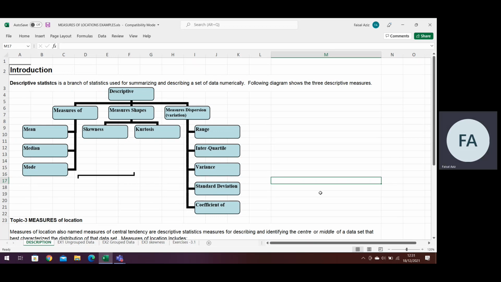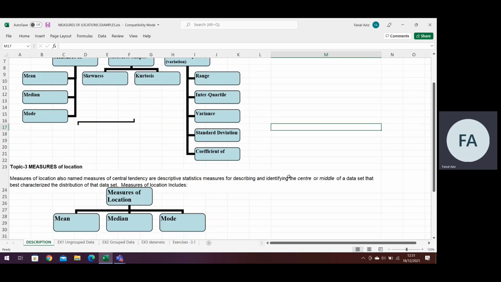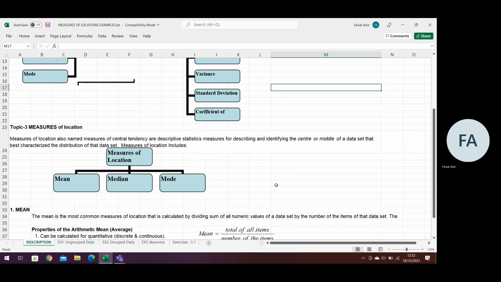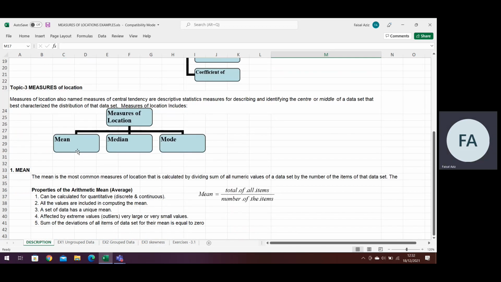Then we have measures of dispersion, which tell us about the variation in the data. So we have range, interquartile range, variance, standard deviation, and coefficient of variation. In this discussion, we will talk about the three measures of location, namely mean, median, and mode.